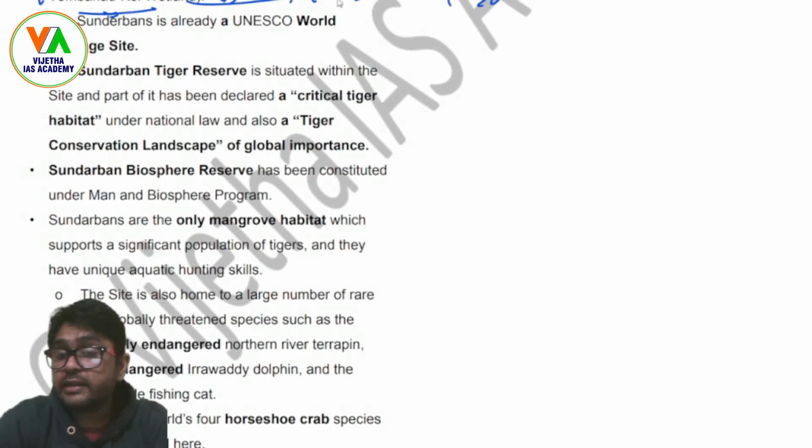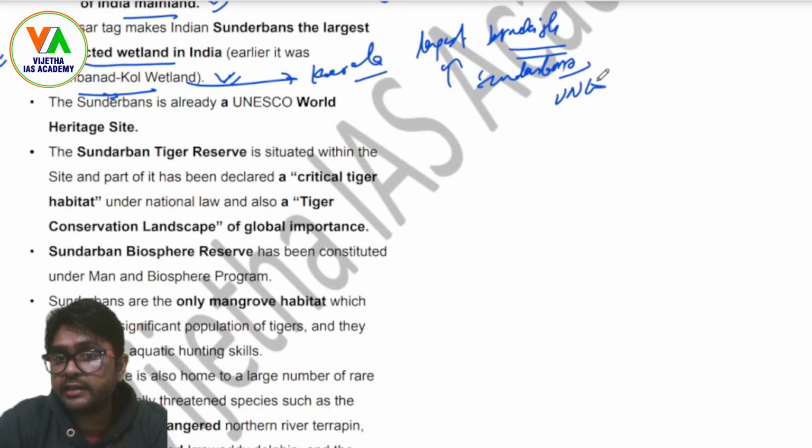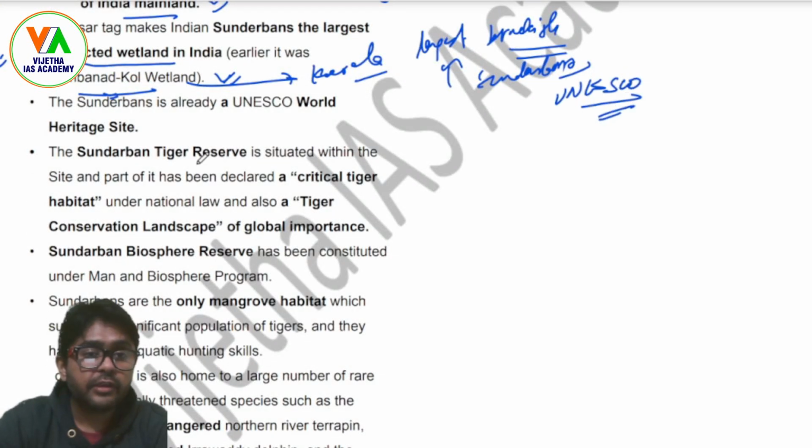Right? And the Sundarbans is also a UNESCO World Heritage Site. Do not forget, right?